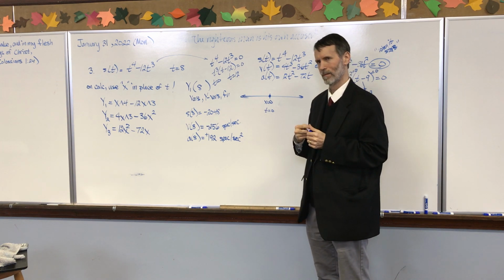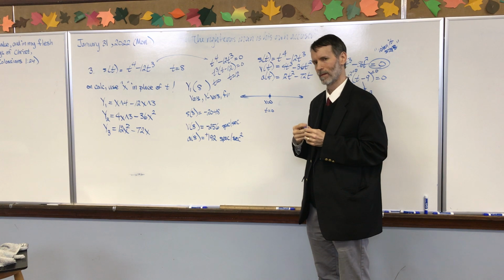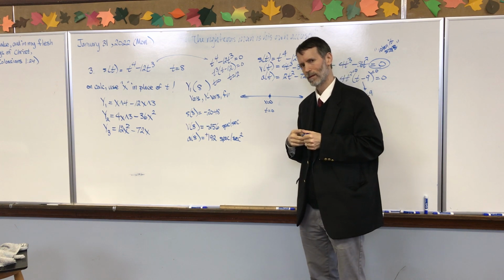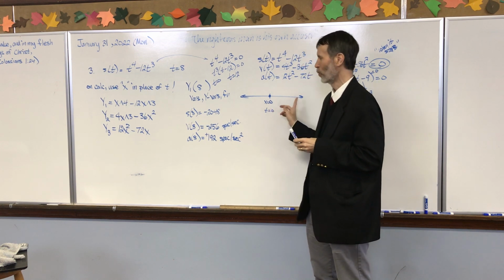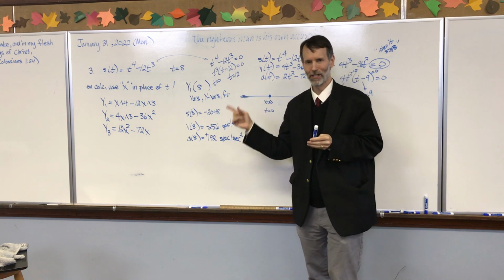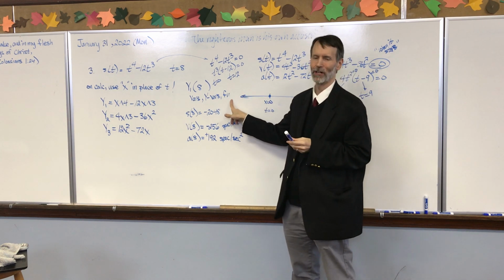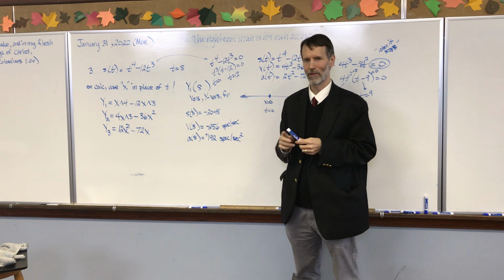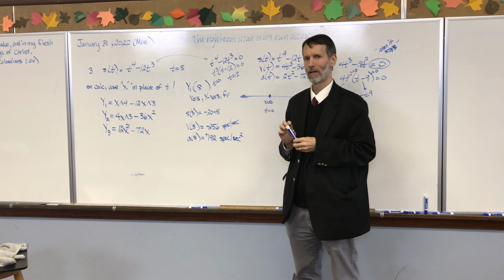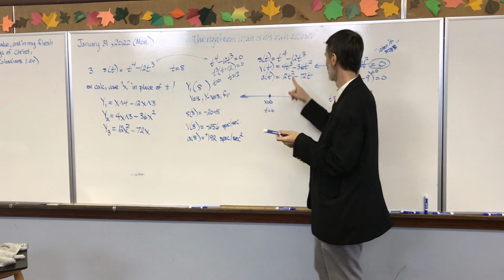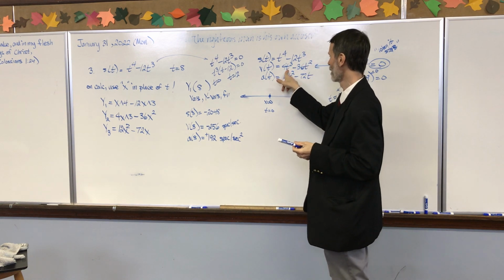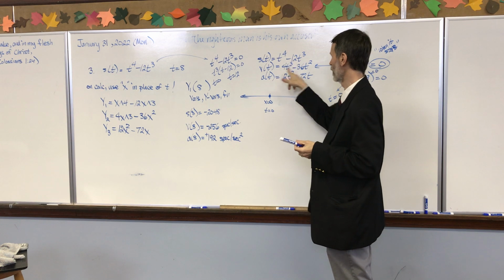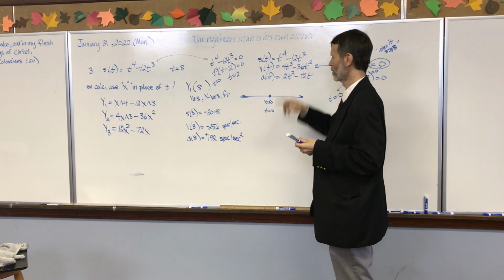Position will tell you where it is, and we already know where it is after t is 1. It's -11 spaces over here. How fast is it going over there? Could you plug in the velocity formula? Yes. Plug in 1 here. What do you get? 4 minus what? 36. What is 4 minus 36?